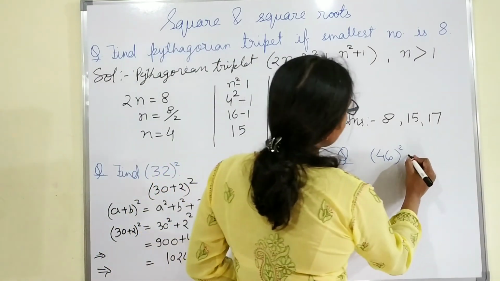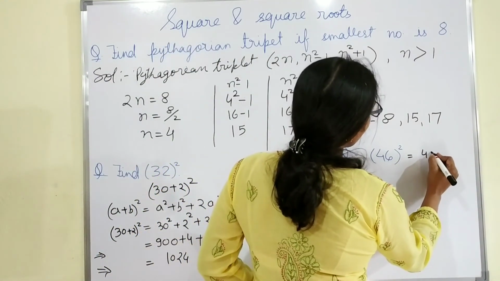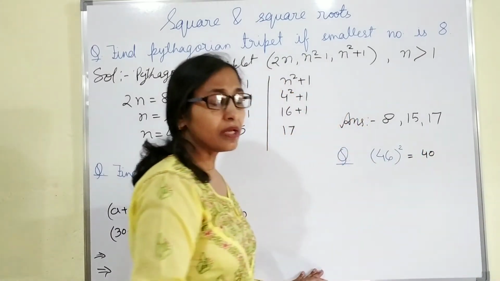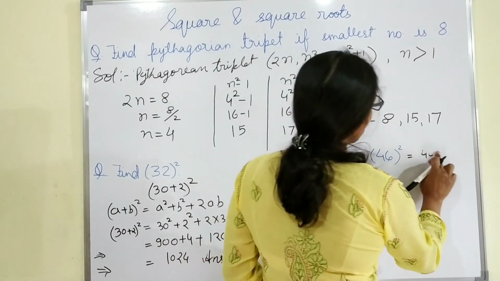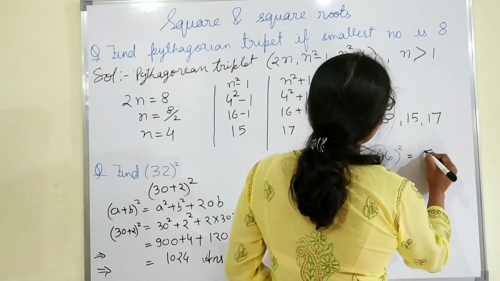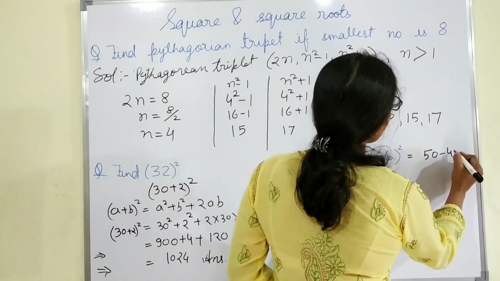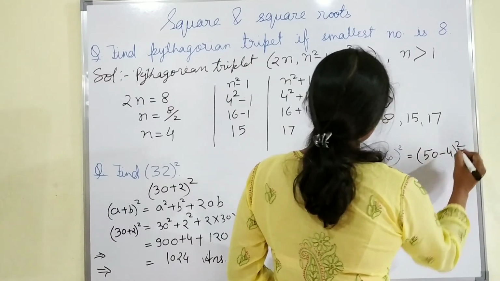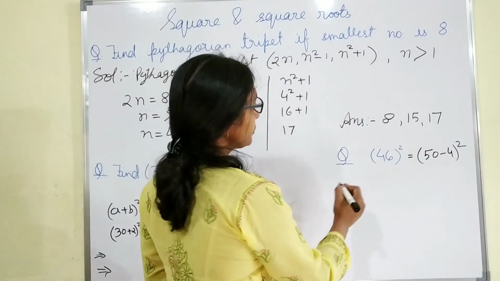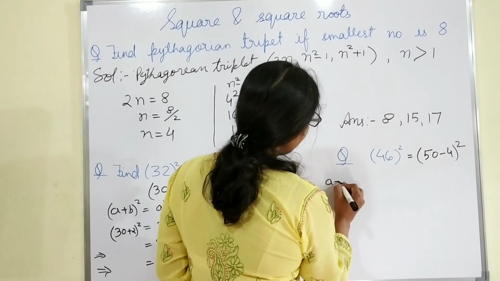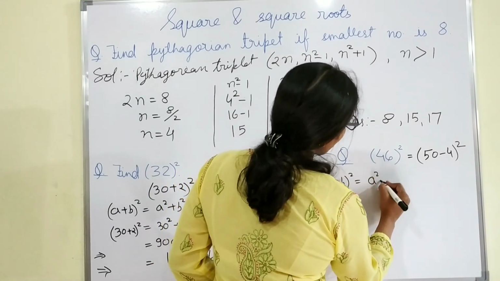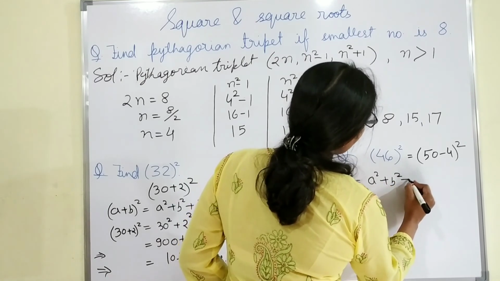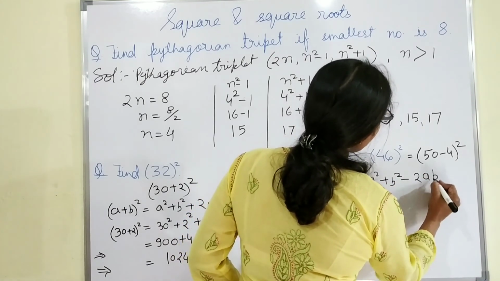We can write it as 40 plus 6 whole squared, or 50 minus 4 whole squared. So I am doing it with 50 minus 4 whole squared. The identity for a minus b whole squared equals a squared plus b squared minus 2ab.